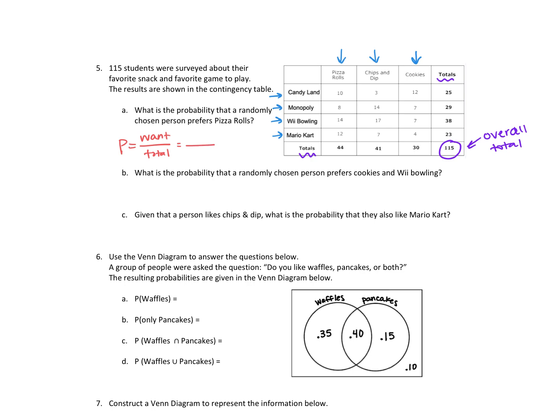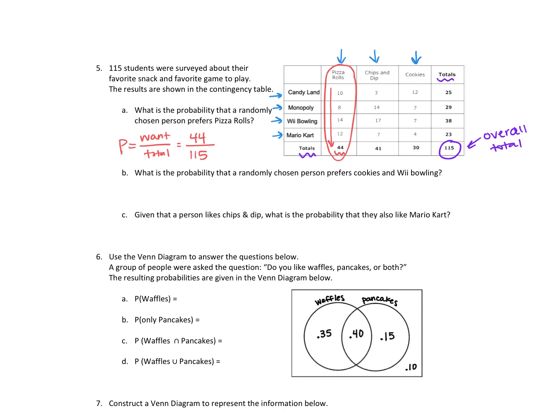So we're out of the 115 total. I'm going to look for pizza rolls, and I want everybody that answered pizza rolls as their favorite snack. So I'm going to go down to the bottom to find the total of that column, which is 44. Okay, so my answer here would be 44 over 115. Okay, and you can leave your answer in fraction form.